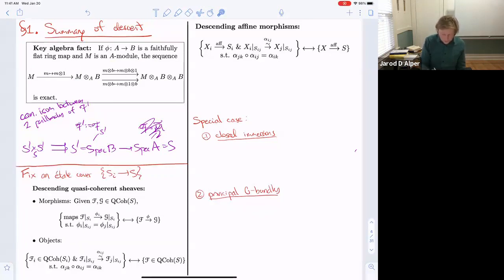Descent works more generally for faithfully flat maps, and sometimes you might want to add a quasi-compactness hypothesis or locally finite presentation, but let's just restrict to Étale covers, because that's how we're going to apply it. So let's fix an Étale cover S_i to S, and the global version of this key algebraic fact is that, let's say it in two different ways. First, in terms of morphisms, and then in terms of objects.